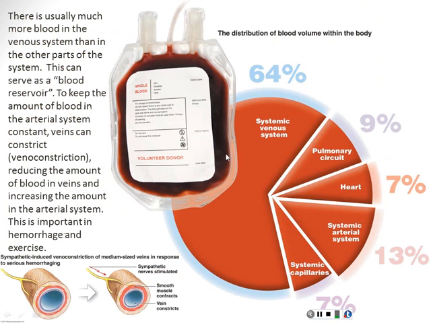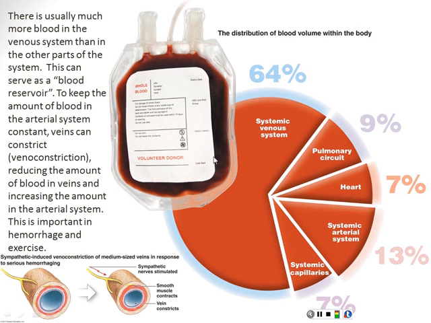All right. Okay, so the distribution of blood in the cardiovascular system is not uniform. You might think that 50% of the blood would be in the veins, 50% in the arteries, and maybe a little in the heart. But it isn't like that.